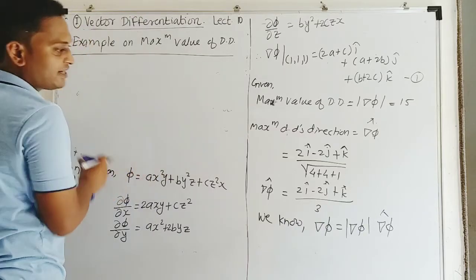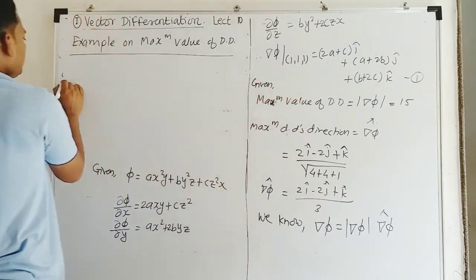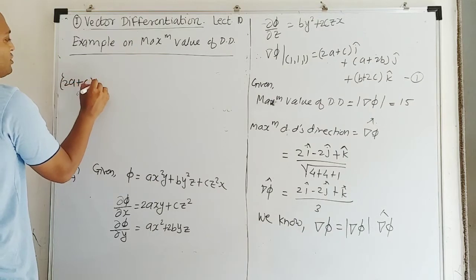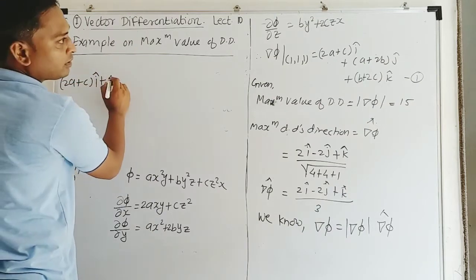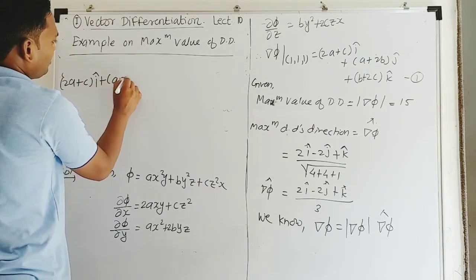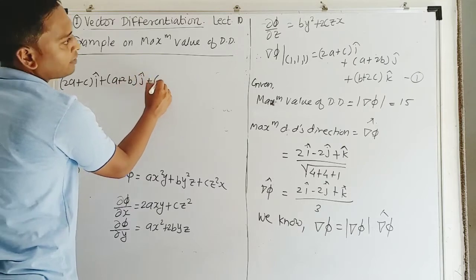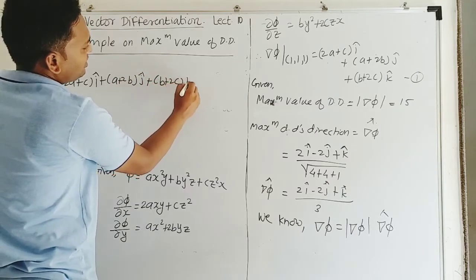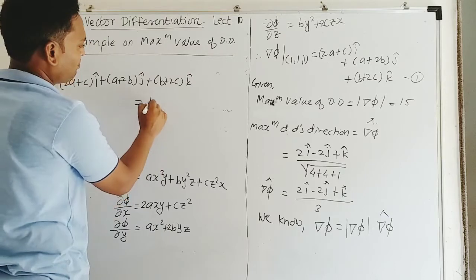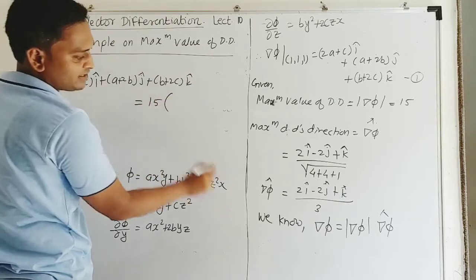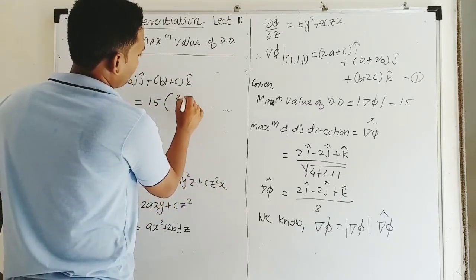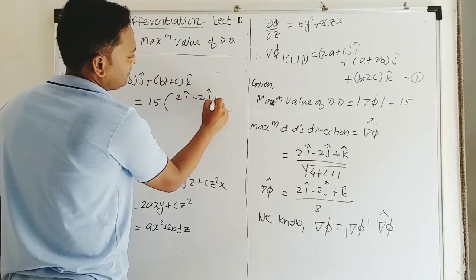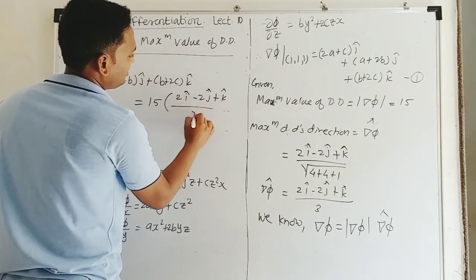So the left hand side is del phi. The value of del phi is (2a plus c) i, (a plus 2b) j, (b plus 2c) k, which is equal to the magnitude, 15, into the direction, which is 2i minus 2j plus k divided by 3.